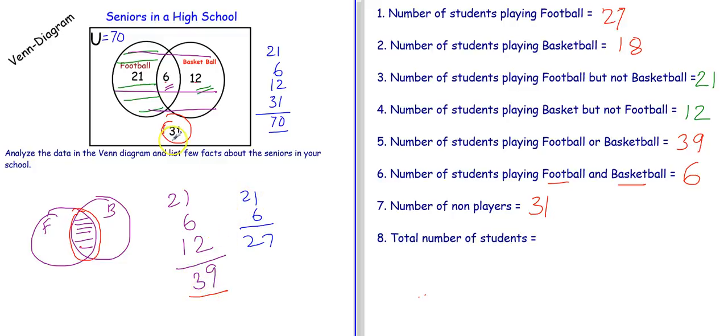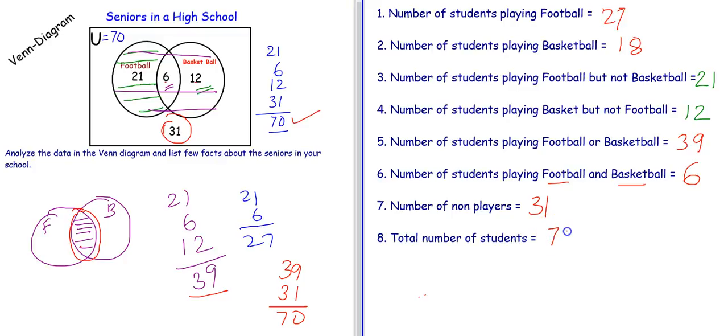So to that 39, I'll add 31. 39 plus 31 is 70, or like we discussed in the beginning, adding all of these numbers also gives you 70. So the total number of senior students in that school is 70.